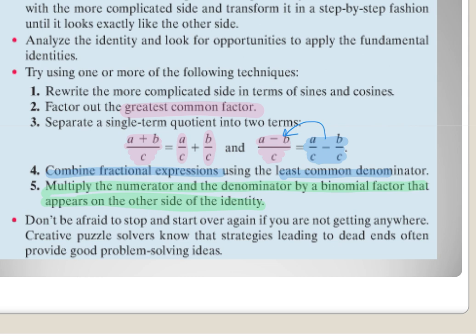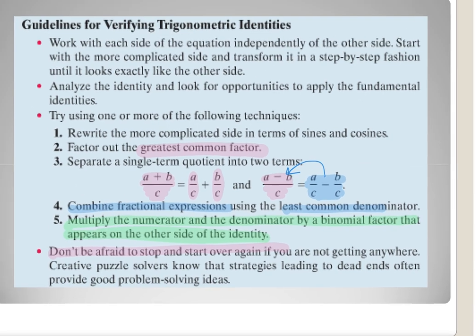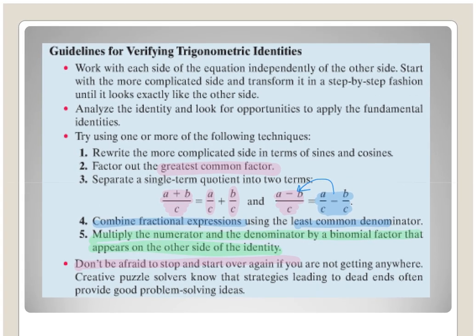So if you're setting it equal to something, sometimes we have to move from one side to the other by multiplying by what's on the other side. Okay. Here's the biggest thing: don't be afraid to stop and start over again. Sometimes you get to a dead end and you can't go any further, and it's okay. You've got to stop and go back to the beginning and see if you can start it a different way.